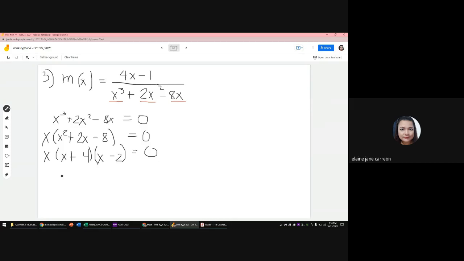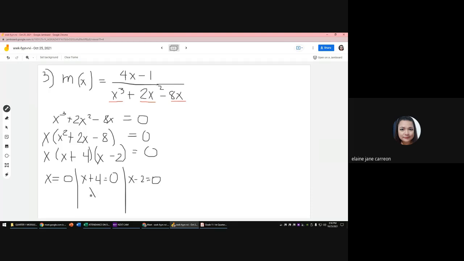Okay, now we have 3 factors. So we will equate these 3 factors to 0. So we will equate x to 0. Next, x plus 4 to 0. And x minus 2 to 0.